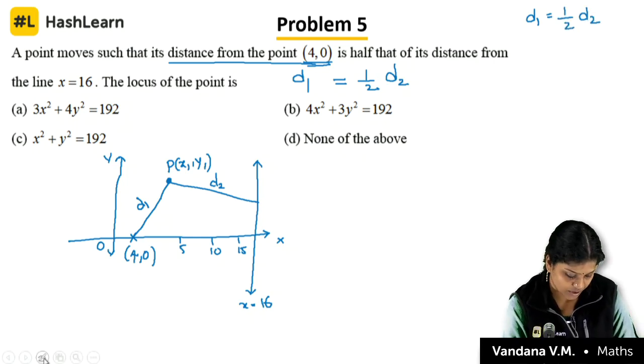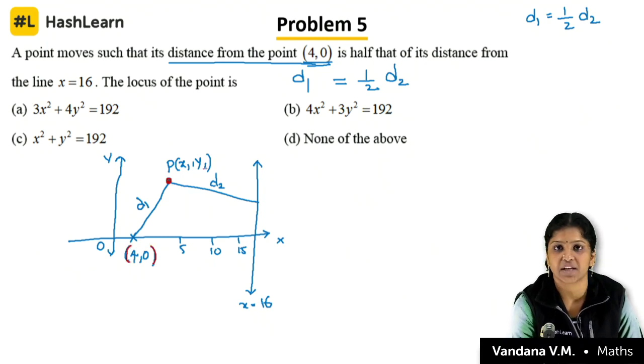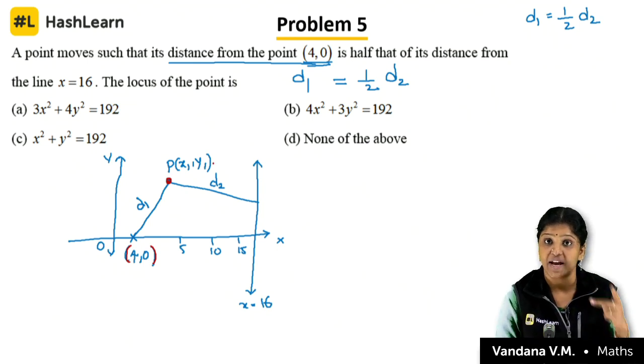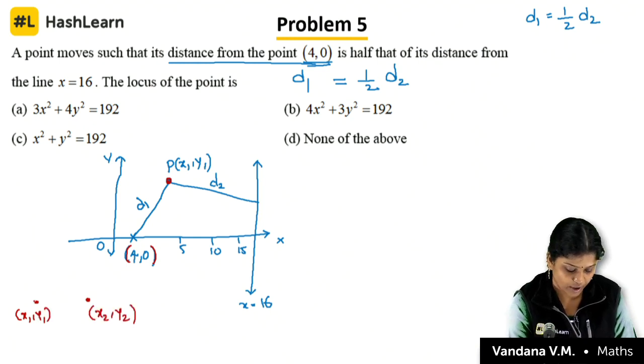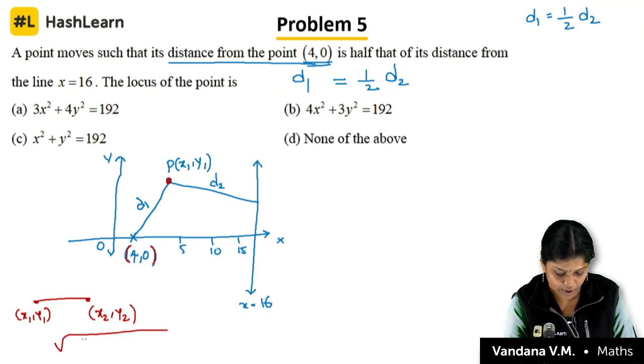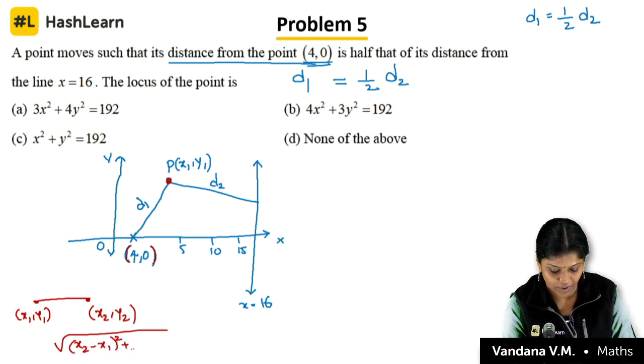How to find out the distance? Here one point is 4, 0, the other point is x1, y1. Whenever they are giving 2 points, what is the formula to find out the distance x1, y1, x2, y2? How will you find out the distance over here? Square root of x2 minus x1 whole square plus y2 minus y1 whole square.